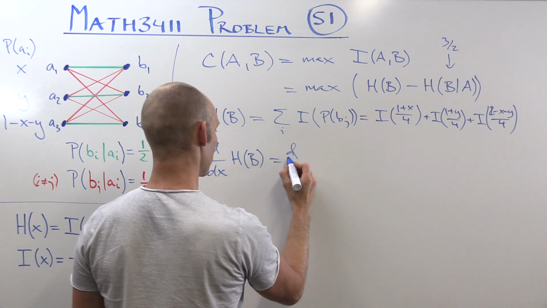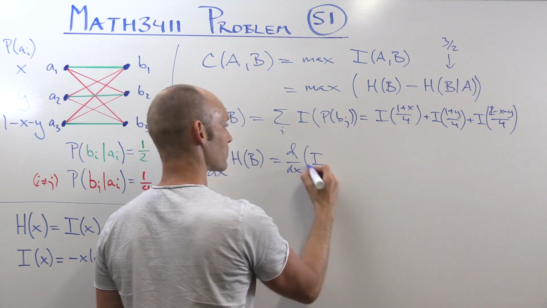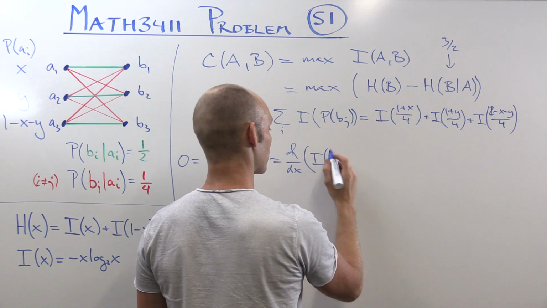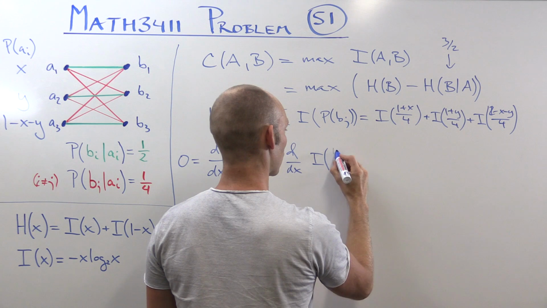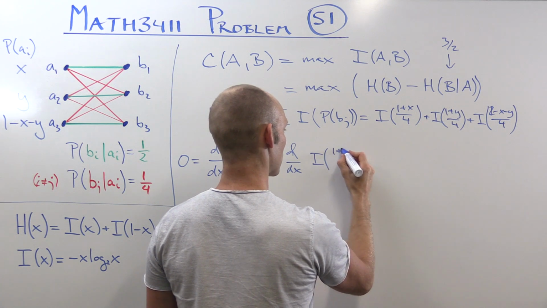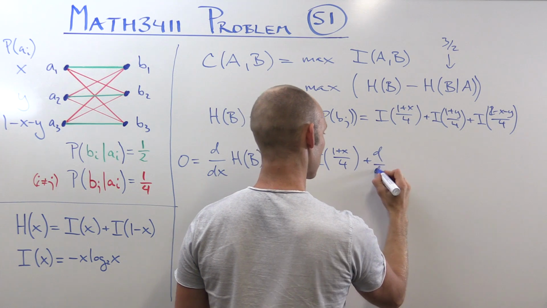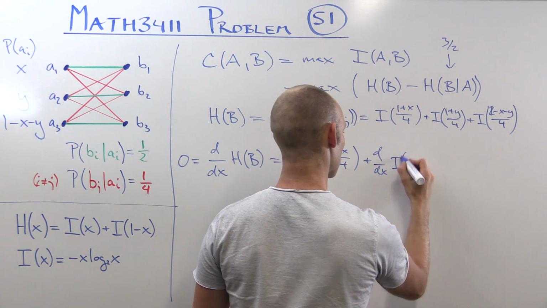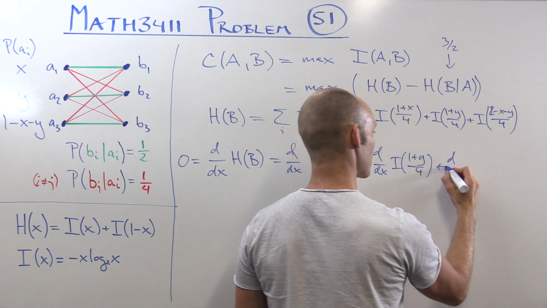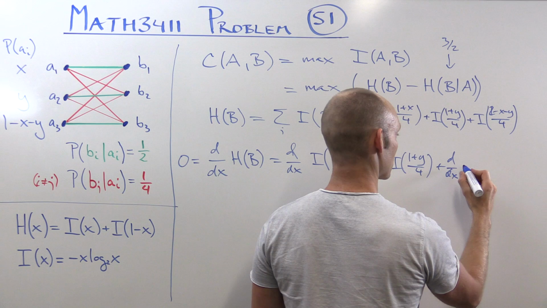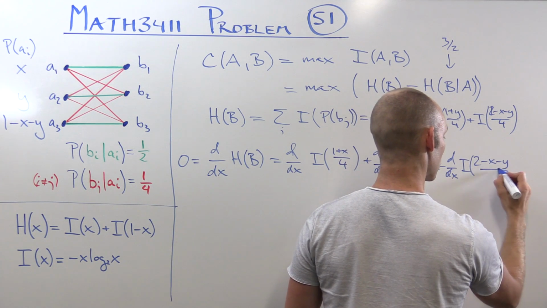So that's d/dx of I of (1 plus x)/4, plus d/dx of I of (1 plus y)/4, plus d/dx of I of (2 minus x minus y)/4.